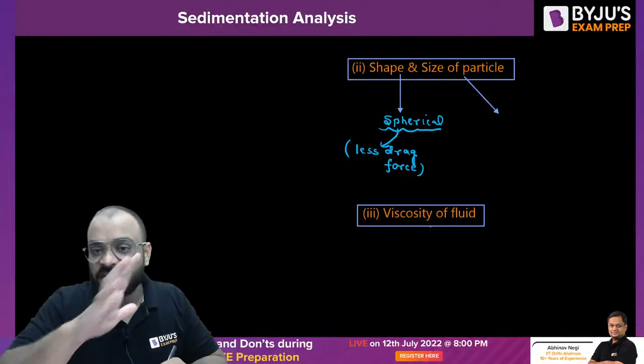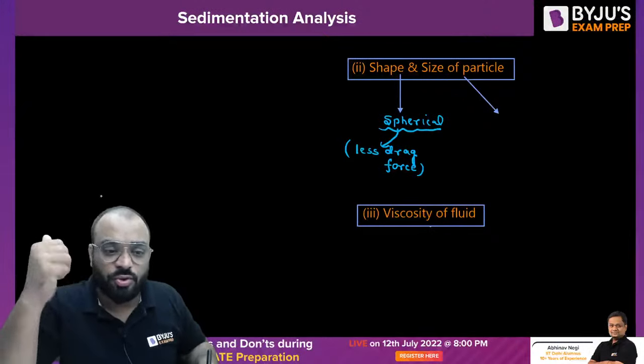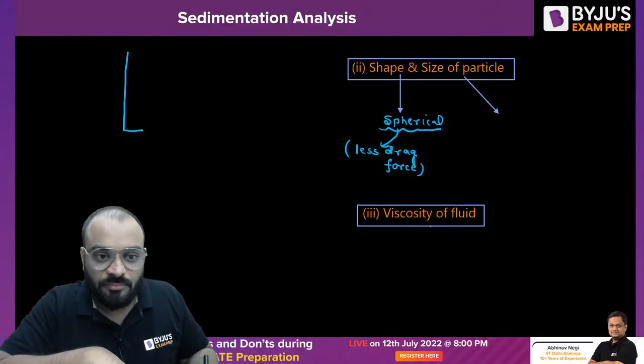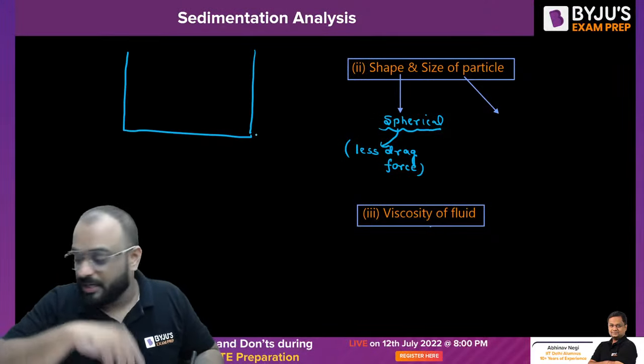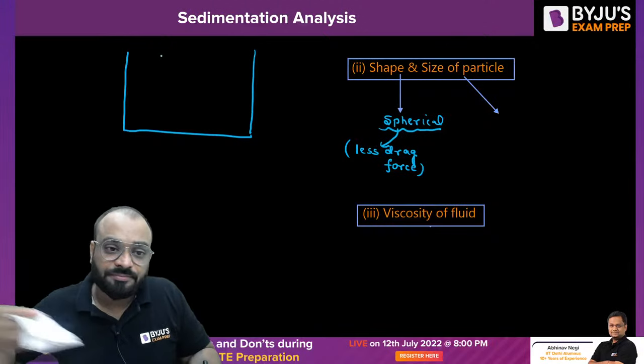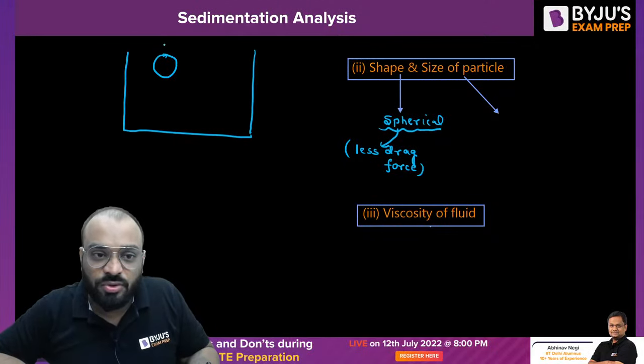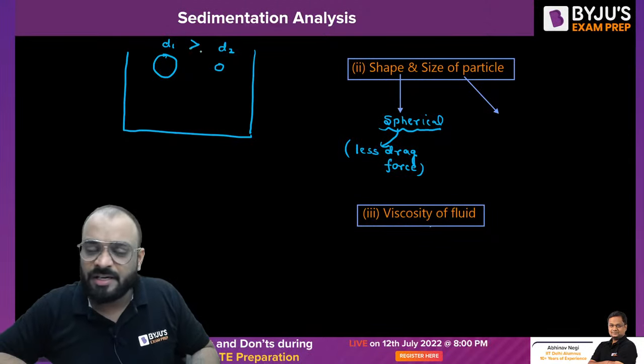Now if we talk about size of particle, tell me guys, if I give you two conditions. Let us suppose this is your sedimentation tank. This is one particle whose size is D1 and this is another particle whose size is D2. D1 is greater than D2.